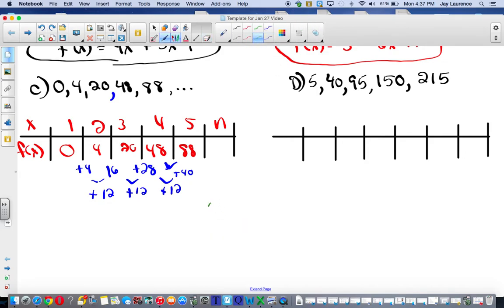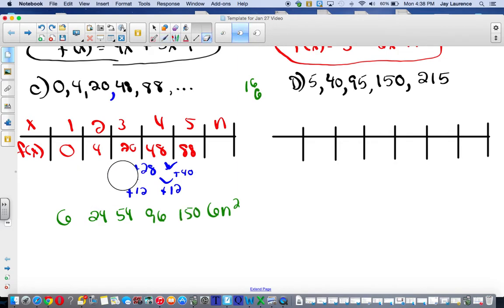So 1 squared times 6, 2 squared times 6, 3 squared times 6, 4 squared, 16 times 6, 96, yeah, 96. And 5 squared times 6 will be 150.